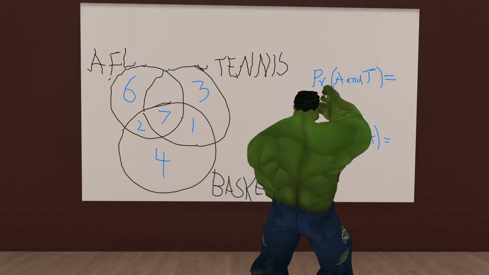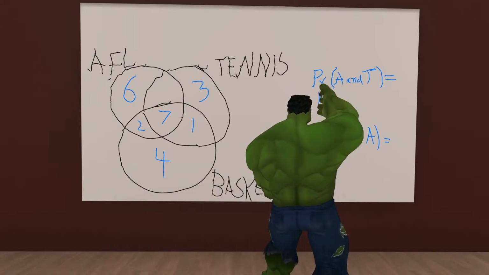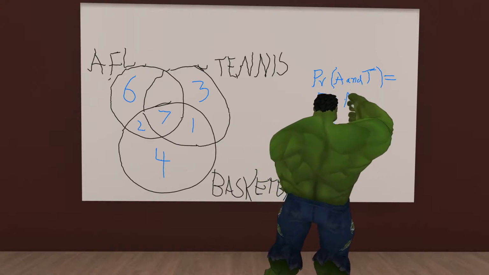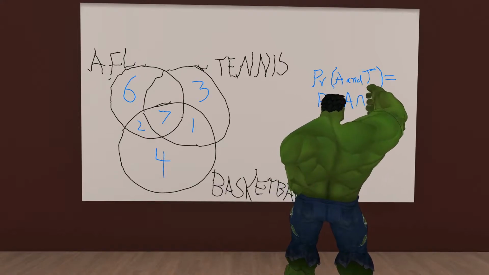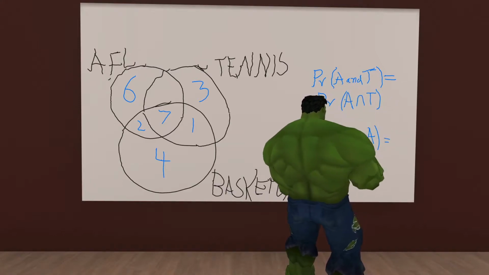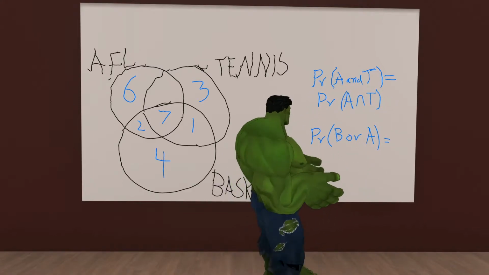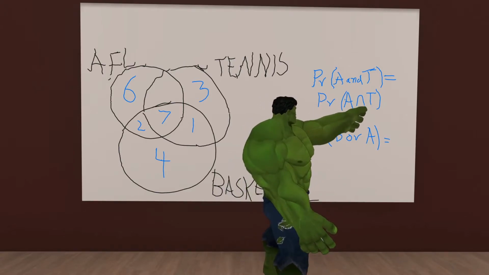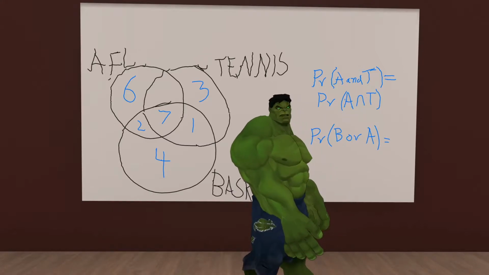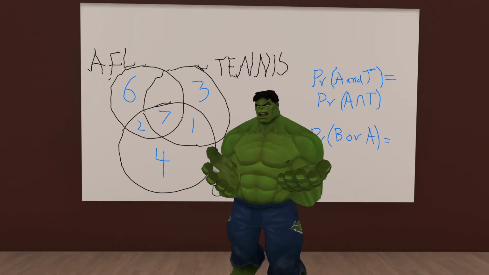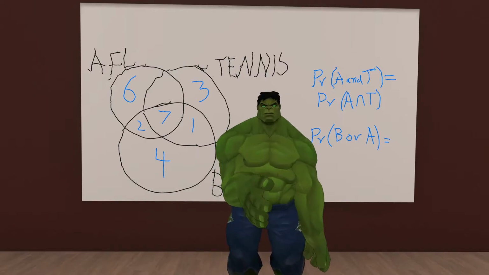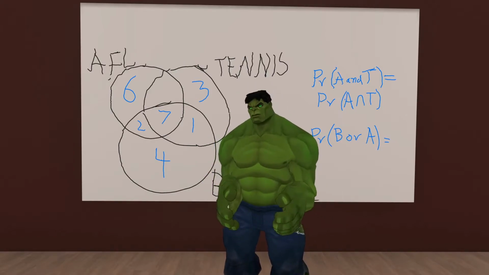We're going to be writing it as P, R, A, T. So we have the probability of A and T. So A and T, and that's the way I remember it. And has an N. So we use this upside down U symbol.